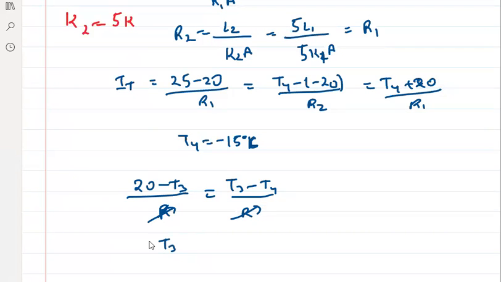So 2T3 is equal to 20 plus T4, which is plus 5. So T3 is equal to 2.5 degree centigrade. Anyone have any issue in this? Can you hear me clearly? Yes? Okay, very good.